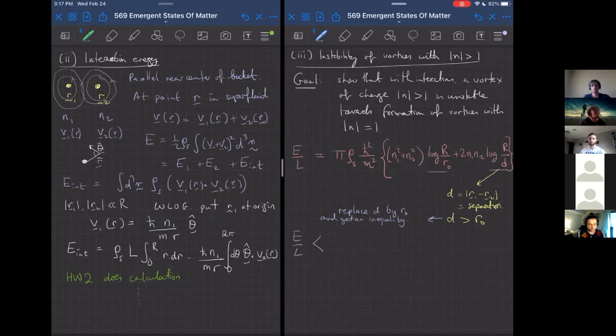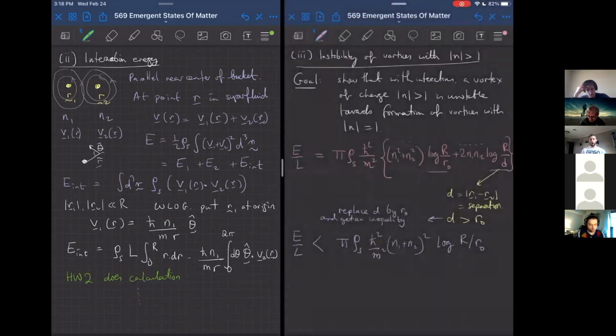And so I could write this as pi rho s h bar squared over m squared times (n1 plus n2) all squared times the logarithm of R over R0. That's because I've got n1 squared plus n2 squared over here and 2 n1 n2 over here, but they're multiplied by different logarithms. But if I make the d and R0 be the same, then of course the logarithms are the same, and so I can write it down like this. And so the actual energy is less than this amount.